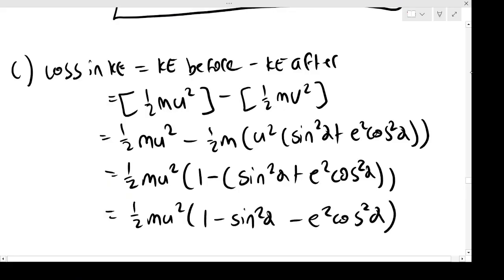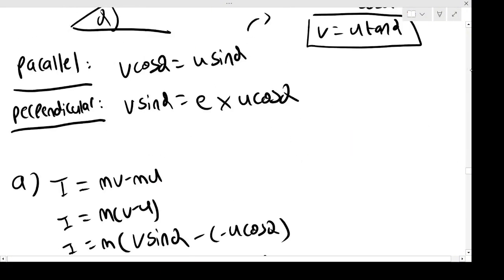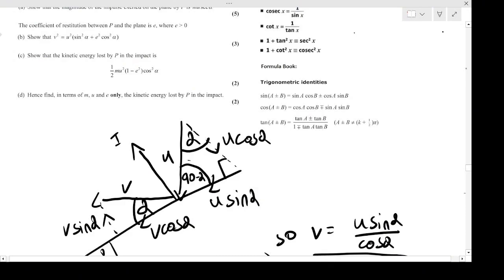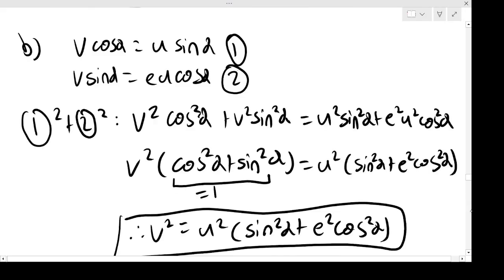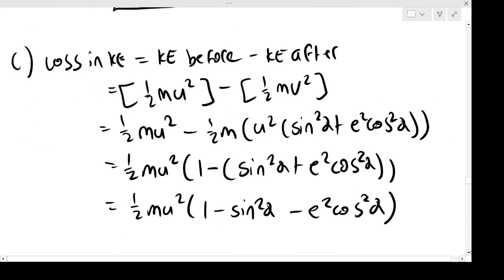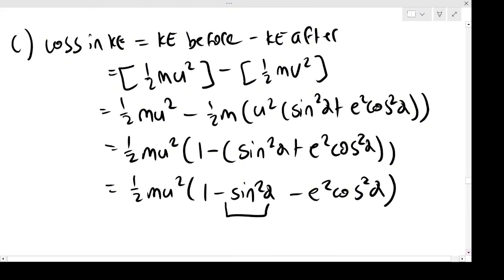Now, I might be able to simplify this a bit more, but I'm going to look at what the question wants me to get to. I need to get to this expression here. What is the key difference between what they've got and what I've got? Hopefully you notice there's no sine alpha in theirs, and I have the sine alpha here.